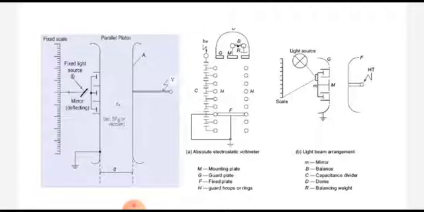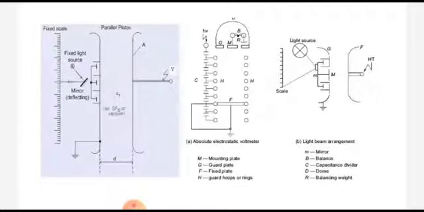Any of these we can place, and it will be separated by a distance D. The moving electrode is surrounded by a fixed guard ring to make the field uniform in the center region. Here you have the guard ring, guard plate.